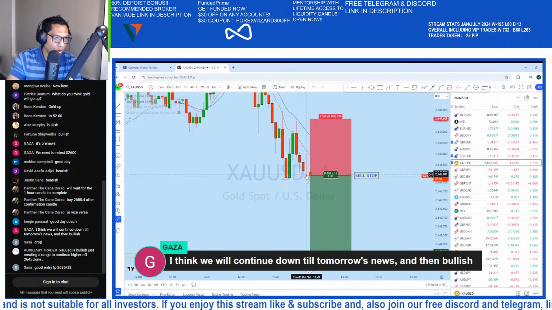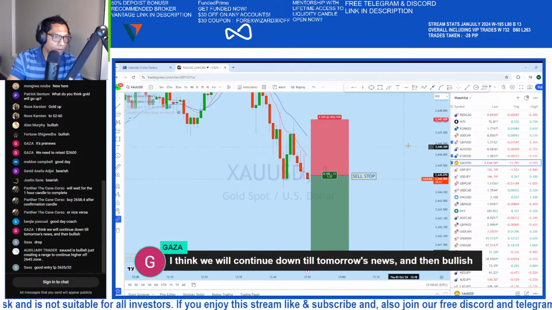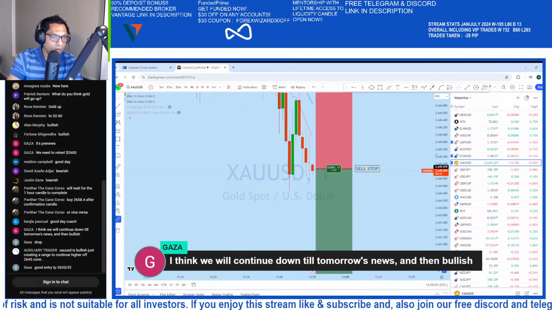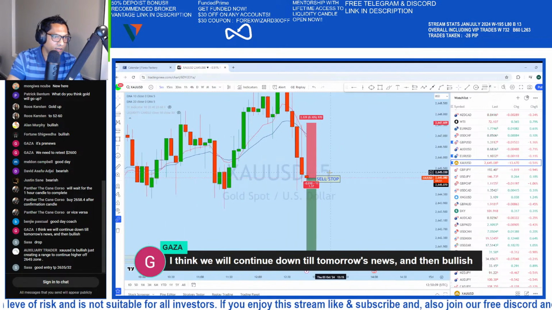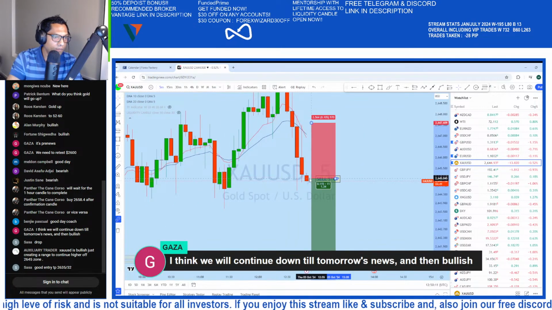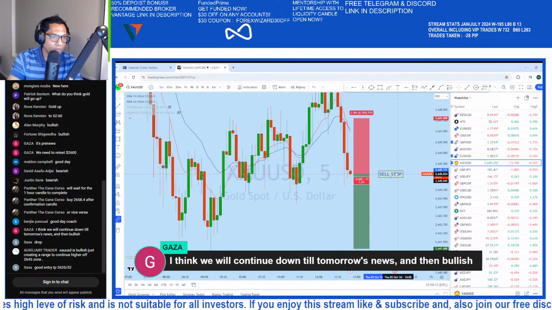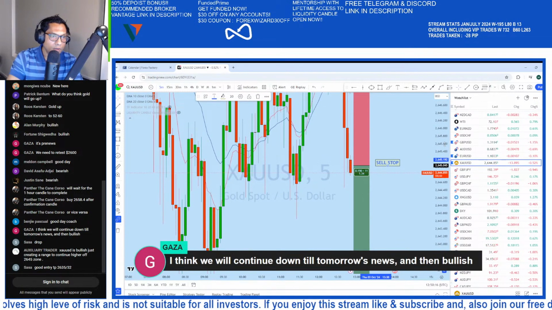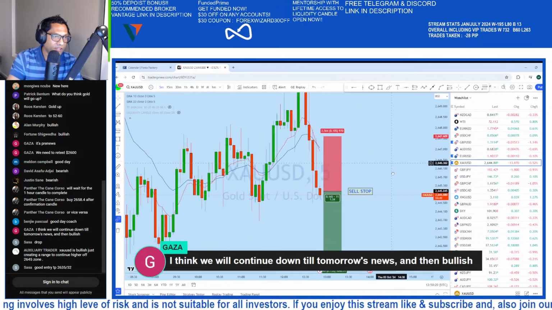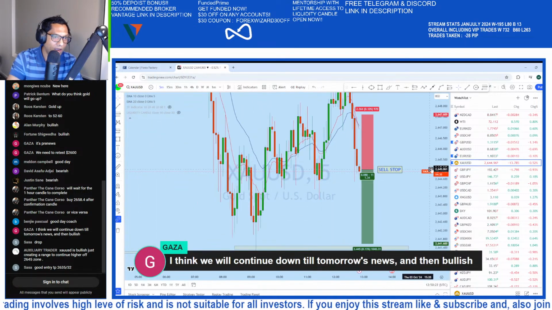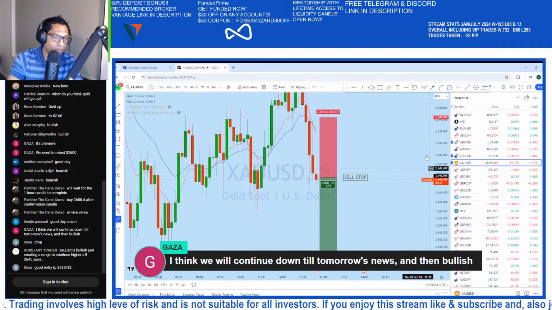Expecting it to break below, as what you can see in that area. Long bearish engulfer, expecting for this market to drop back below to the support level.